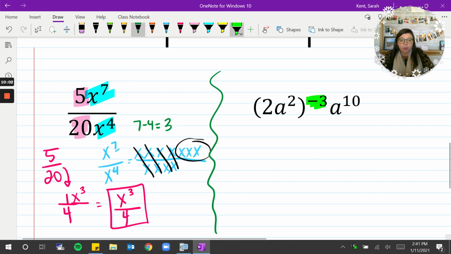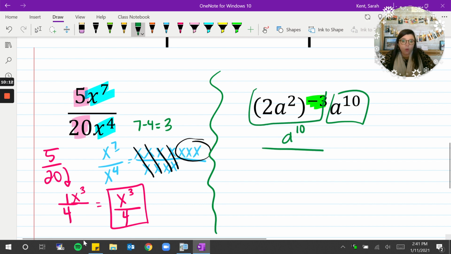So how I would rewrite this is a to the power of 10 is not negative, so that's still on top, over, I'm going to write this whole piece on the bottom. So 2a to the power of 2, and then this 3 is now positive.